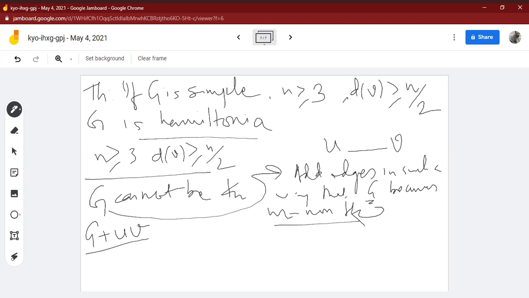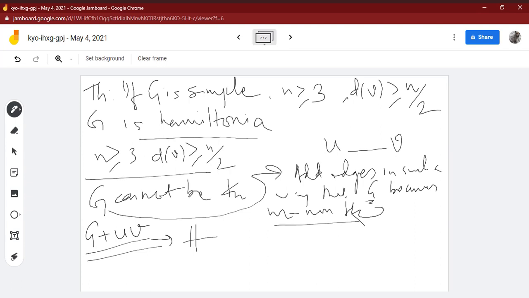So G plus UV will become Hamiltonian, because what is the definition of maximal non-Hamiltonian? If you introduce one edge, then that graph will become Hamiltonian, just with a single edge. So in this case, G plus UV will become Hamiltonian. Then there must be some Hamiltonian cycle.